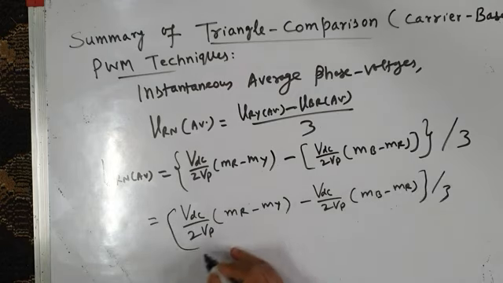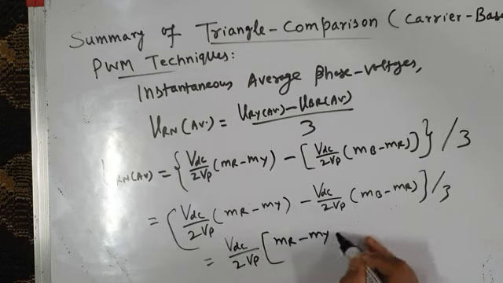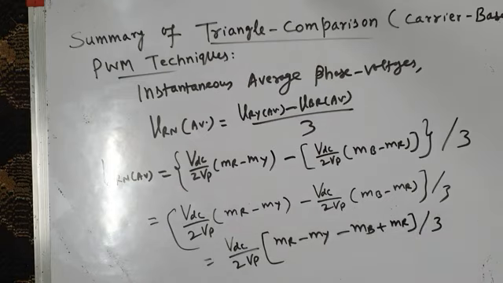I take Vdc by 2Vp common. Inside I get Mr minus My minus Mb, and minus into minus is plus Mr. This whole thing is divided by 3.